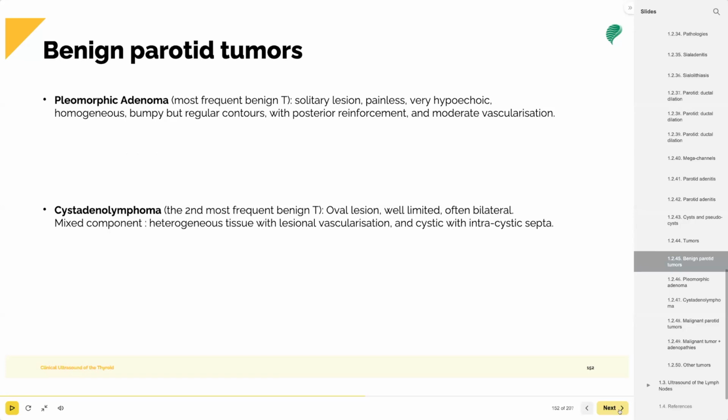Going into benign parotid tumors, pleomorphic adenoma is the most frequent benign tumor. It's usually a solitary lesion, painless, very hypoechoic, homogeneous, bumpy but regular contours with posterior reinforcement and moderate vascularization.